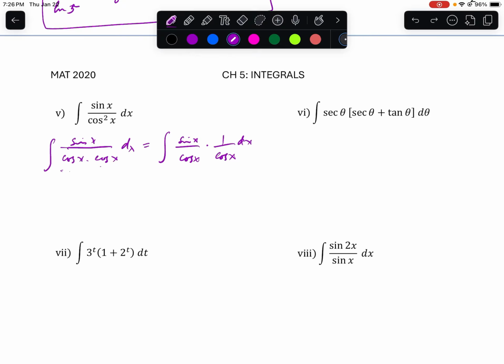So now we can rewrite it as, first one is tangent x, and the second is 1 over cosine, which is secant x. Does that sound familiar? If you know your derivatives, you should know this is the derivative of what function.